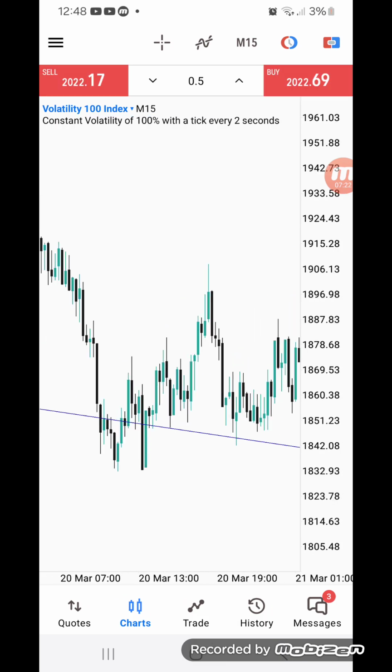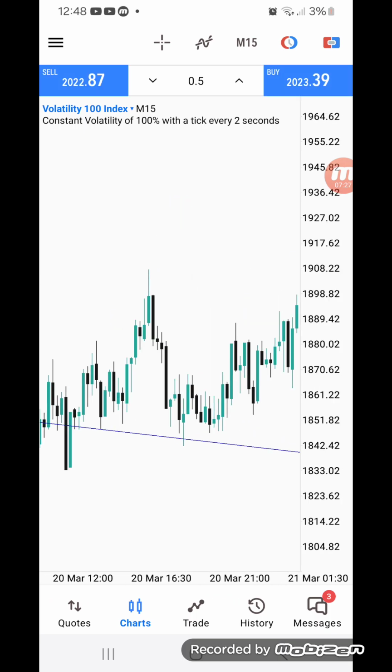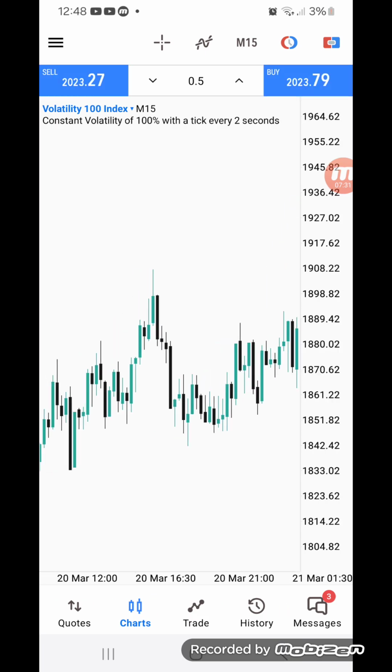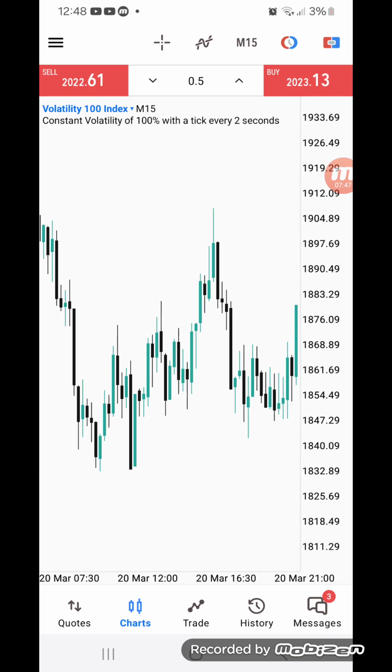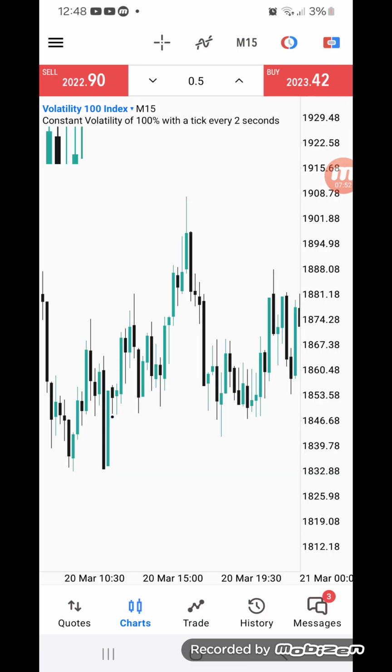Now as we can see here, candle range theory is whereby we normally have a candle representing the accumulation, then manipulation, and of course the distribution. Now I was able to spot CRT here after taking that liquidity.